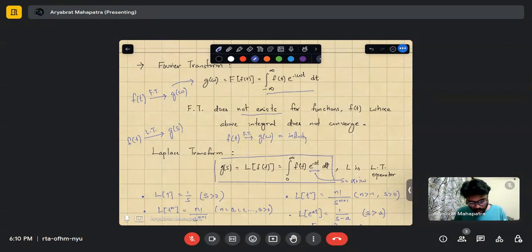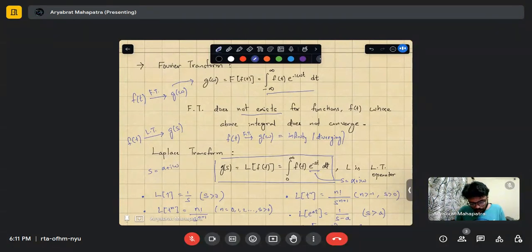For those cases, you cannot do Fourier transforms. Instead, you can apply Laplace transform on those kinds of diverging functions. Here, these Fourier transforms are diverging in nature. You can avoid this diverging behavior when you try to do the Laplace transform, because of the domain variable I was talking about here, which is alpha plus i omega.